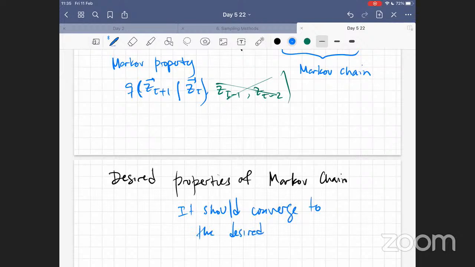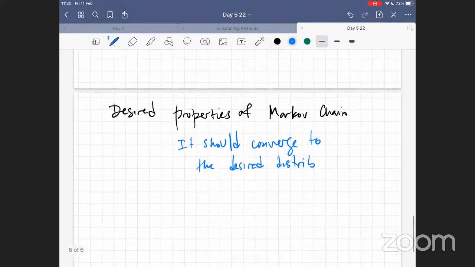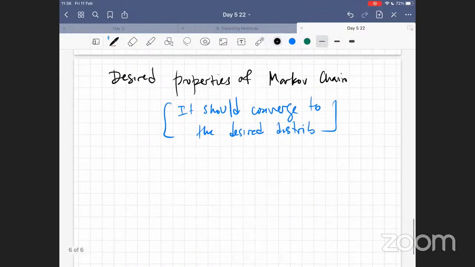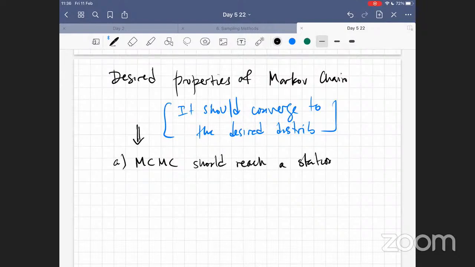Otherwise, we are not doing business here. So this is our goal here. So in order to achieve this, you need to have some properties. So the Markov chain Monte Carlo should reach a stationary distribution.